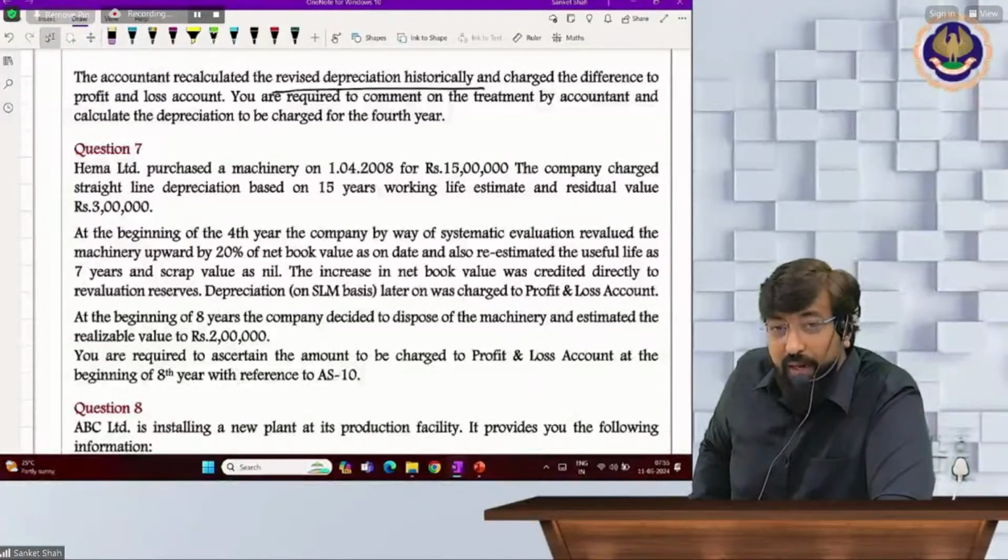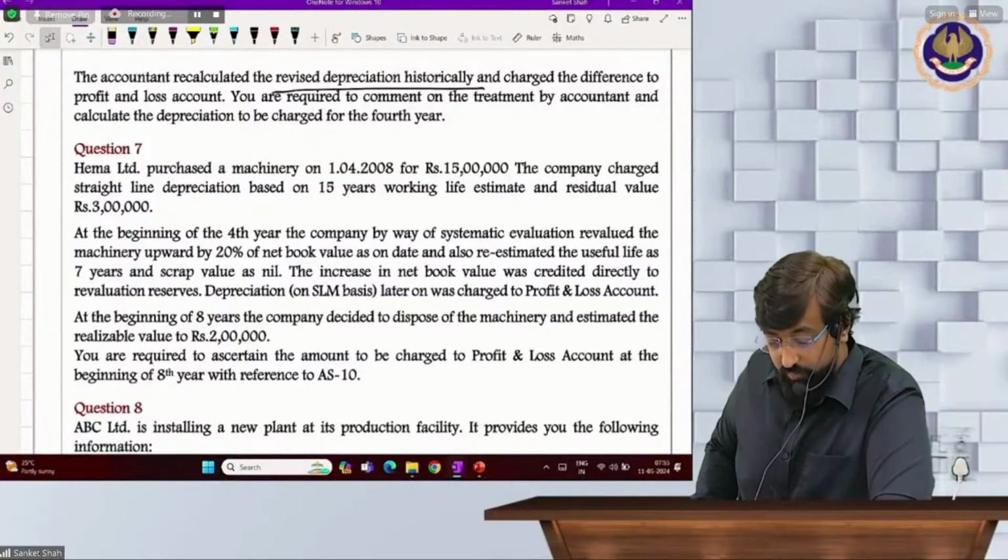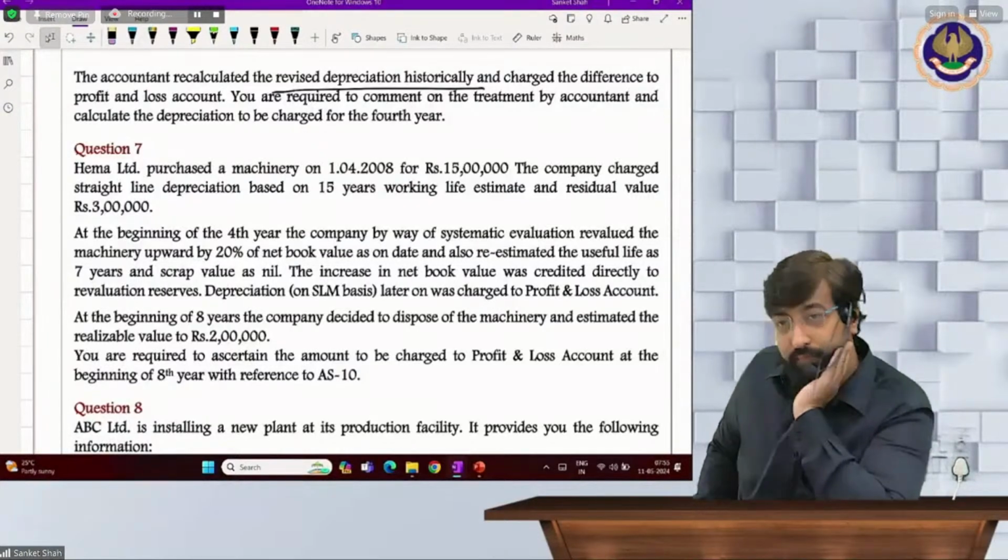I'm very happy that everyone is doing calculation. Chalo, do it fast.